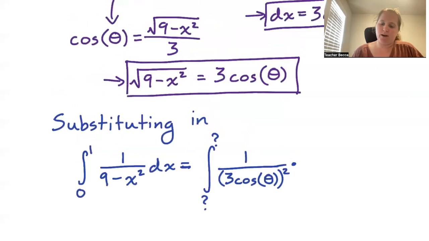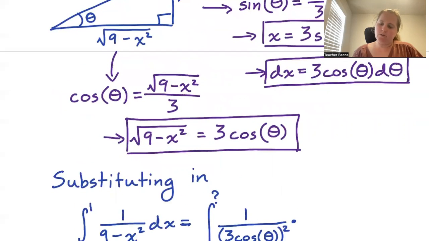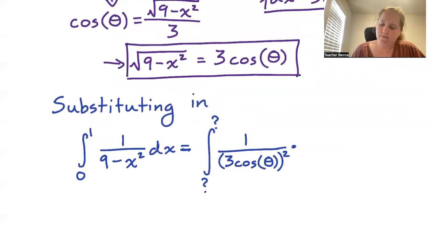Then we multiply by dx, which was 3 cosine theta d theta.